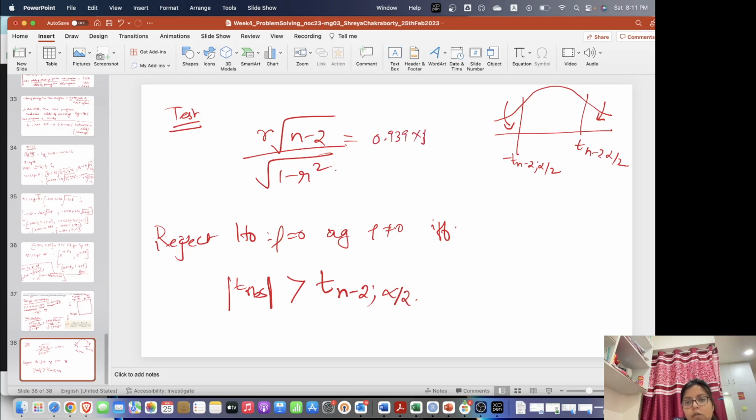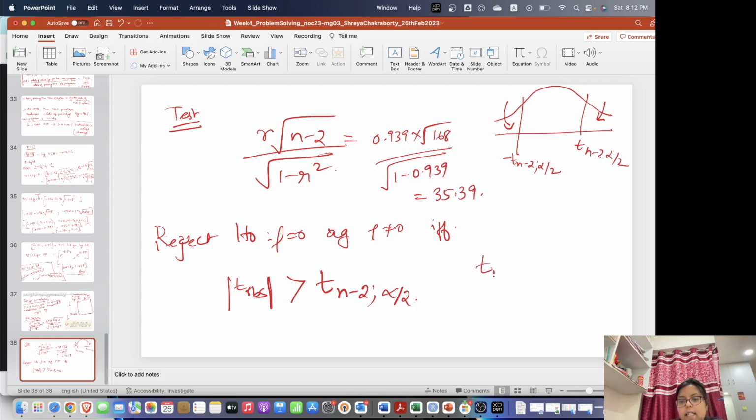So in our case, we have 0.939 into root over 168 by root over 1 minus 0.939 square. This one will come around 35.39.